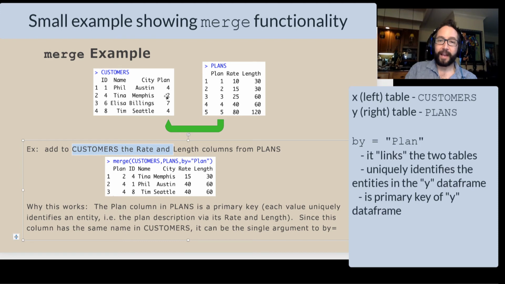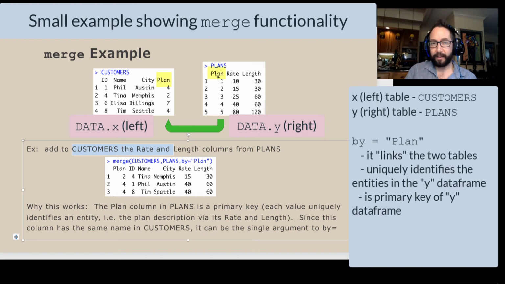If I were to do that, I could set up merge by passing as those first two arguments just the names of the two data frames. I'm starting with customers. I'm adding information from plans, so that'll be the ordering, left and right. The way I'm going to match up the two data frames is with the plan column. Notice the plan column on the Y data frame, the right data frame, is the primary key.